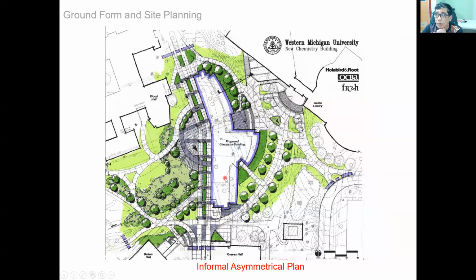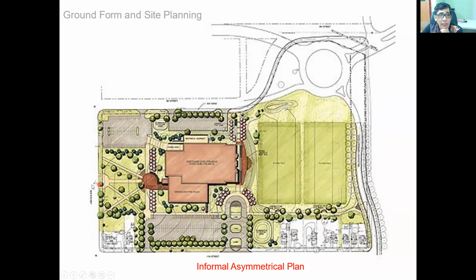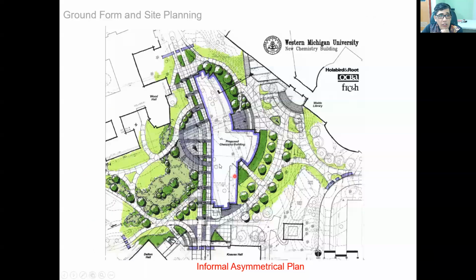So let's go back to the previous slide. So this is another informal plan. They put a main axis, a main central circle on the site. This is the main axis. Parking on left and right, upper and lower side. This is the main building, the chemistry building. This is the main axis, and these are the roads, the pathways going to the chemistry building.